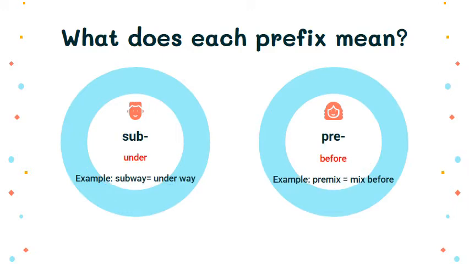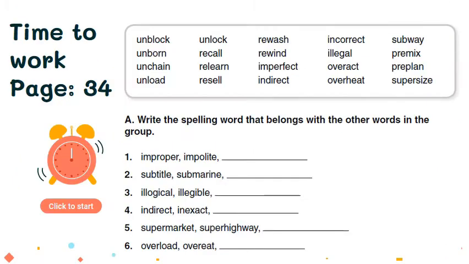The prefix sub means under, as in subway means underway. The prefix pre means before. For example, premix means mix before. So these are our words and the prefixes and their meanings.